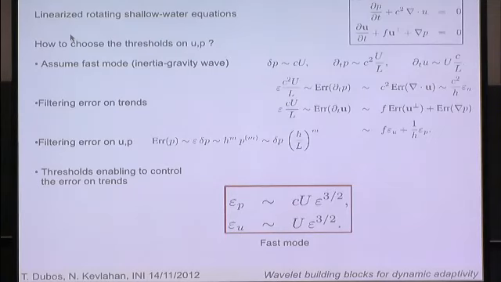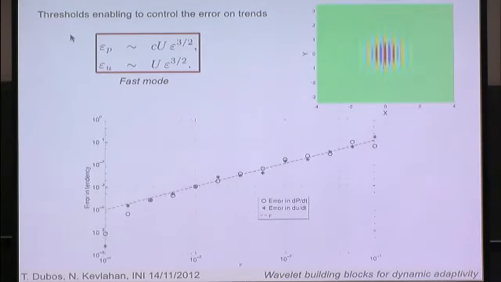So if I want a relative accuracy of epsilon on the tendencies, I need to fix these thresholds on my wavelet coefficients. And this shows that we actually do control the error on the tendency now.